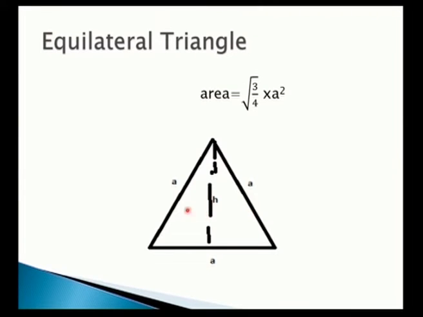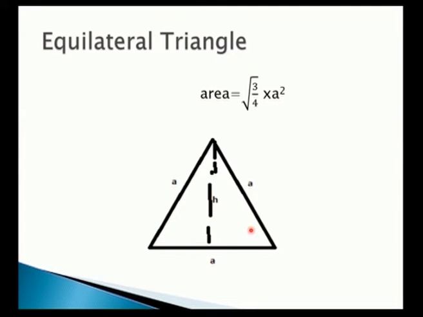Equilateral triangle means all the three sides are equal. That's why it is called an equilateral triangle. The area of this equilateral triangle can be calculated using the formula area is equal to square root of 3 by 4 into a square, where a is the length of any one side.